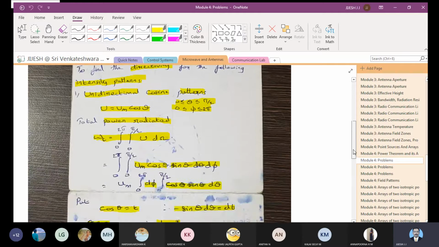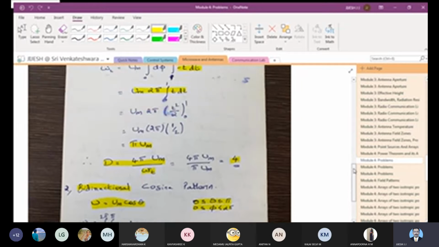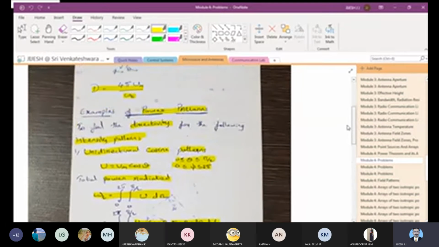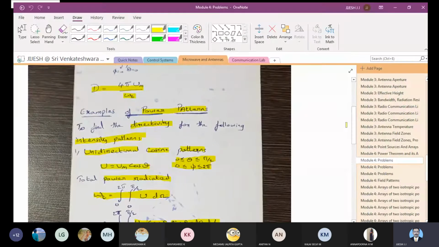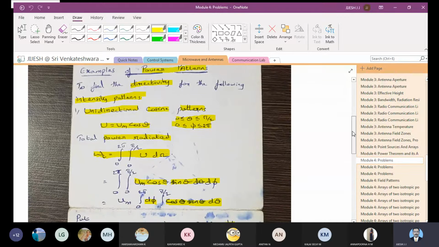Then we are going to discuss the bidirectional cosine pattern, and so on. In the unidirectional cosine pattern, we have taken u equal to m cos theta, and I have discussed the important concepts there: unidirectional means theta ranges between 0 and pi by 2, and phi ranges between 0 and 2 pi.